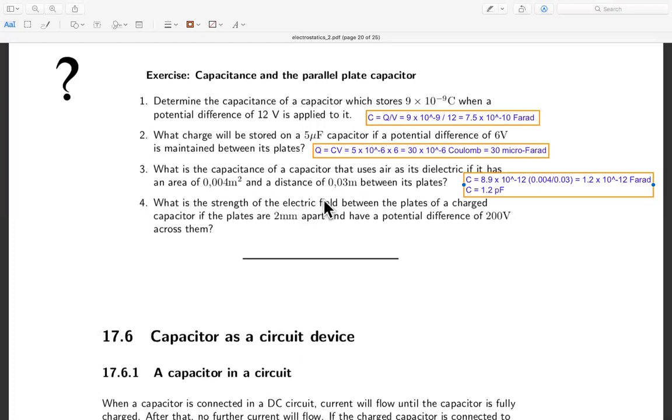The strength of electric field, the symbol is E capital. E equals V over D. V we have 200 volt and D is 2 millimeter, which is 2 times 10 power minus 3 meter. 200 divided by 2 is 100, so this is 1 times 10 power 5 volt per meter. That's it.